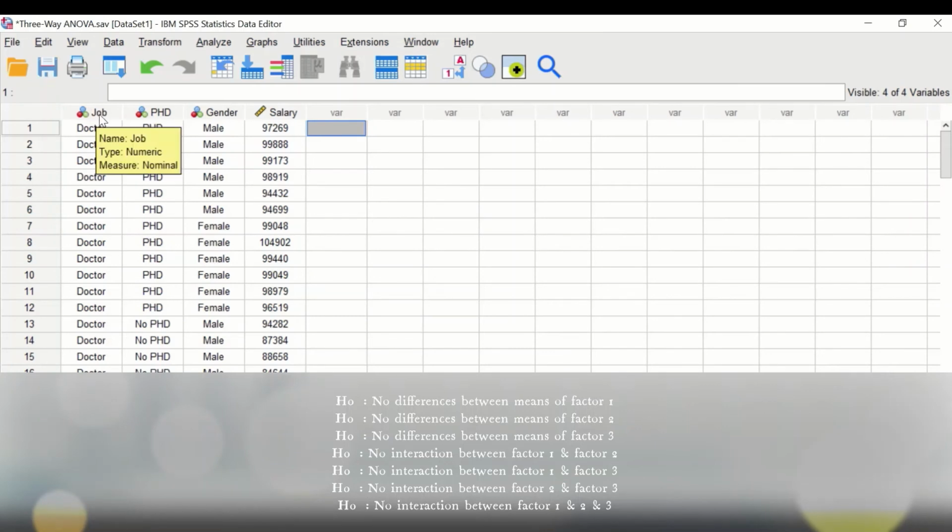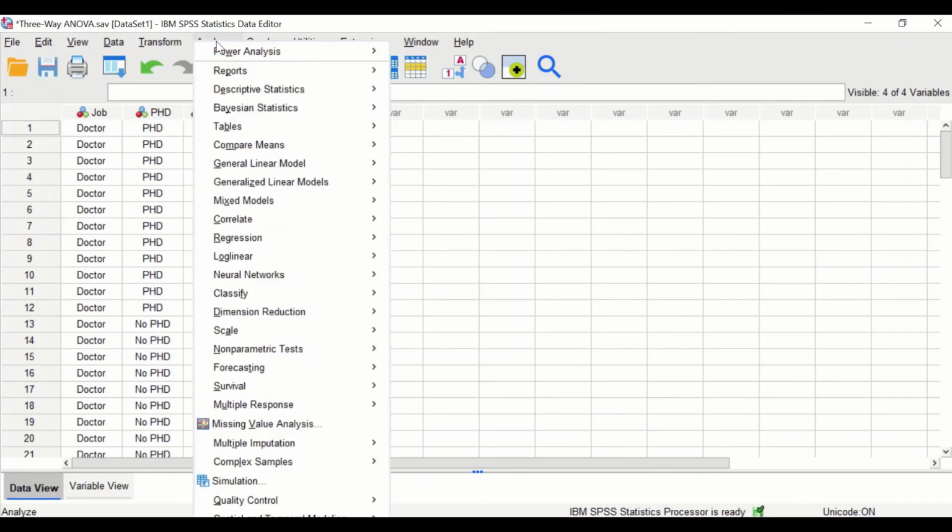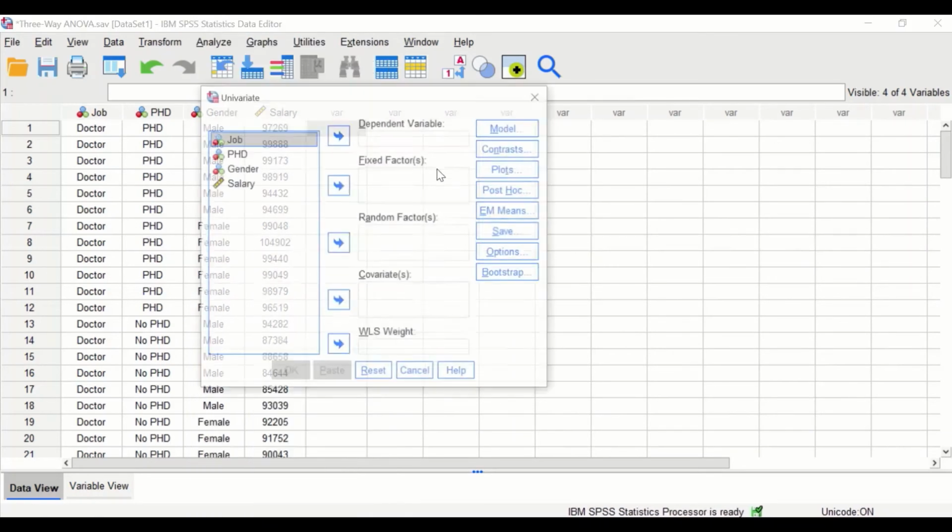The fifth null hypothesis states that there is no interaction between factor 1 and factor 3, and the sixth null hypothesis states that there is no interaction between factor 2 and factor 3, and the seventh null hypothesis states that there is no interaction between factor 1, factor 2 and factor 3, and they have no effect on the salary earned.